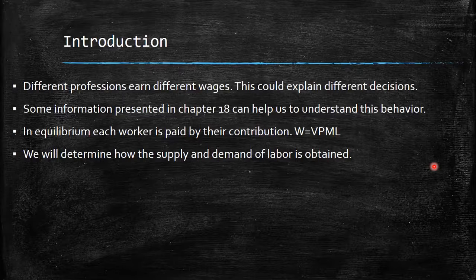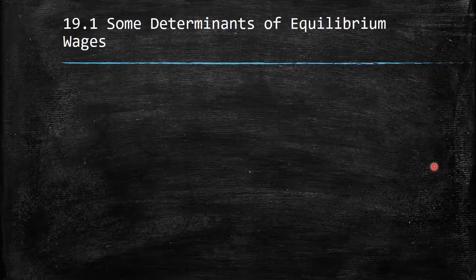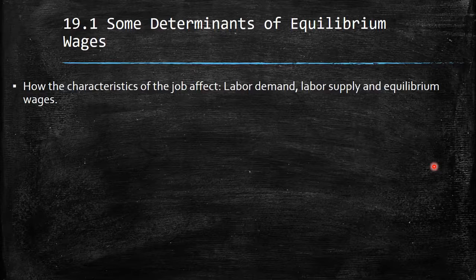We know that different characteristics lead people to earn more salary than others, but we don't have the specific formula to understand why some earn more than others. Here we're going to start with the determinants of equilibrium wages.